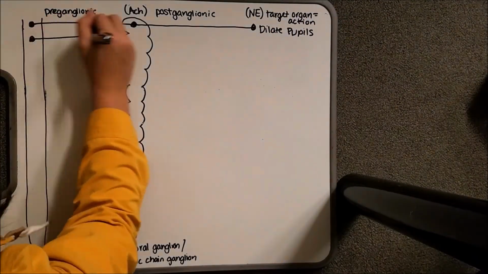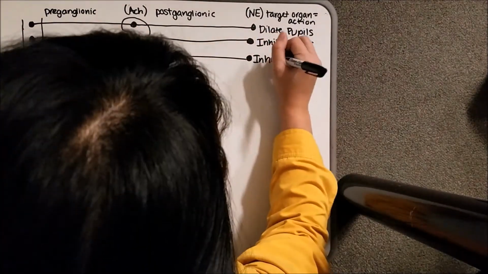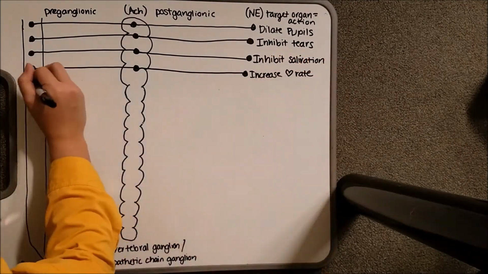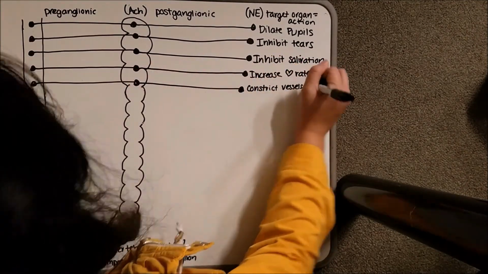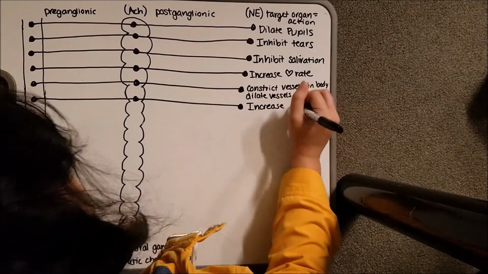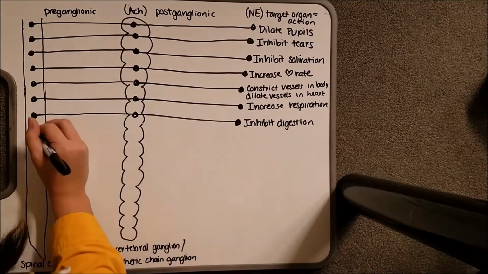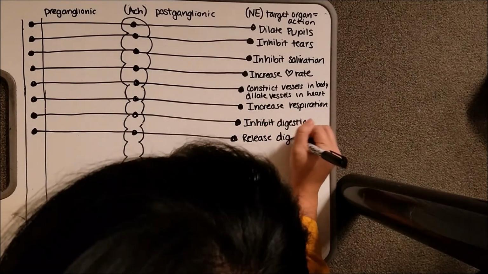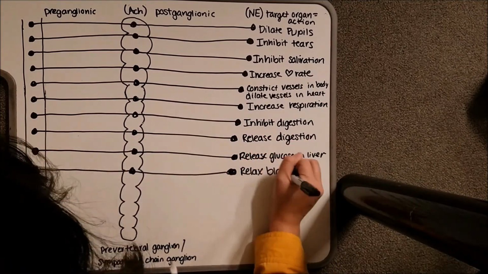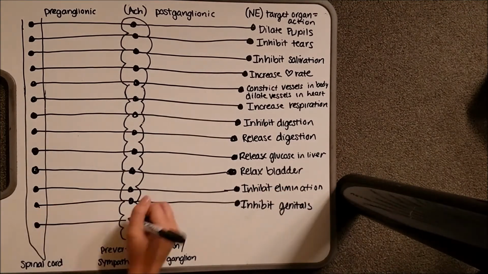There's dilate pupil, inhibit tears, inhibit salivation, increase heart rate, constricts blood vessels in the body, but it dilates blood vessels in the heart, increase respiration, inhibit digestion, release glucose from liver, relax bladder, inhibit elimination, inhibit genitals, and ejaculation in men.